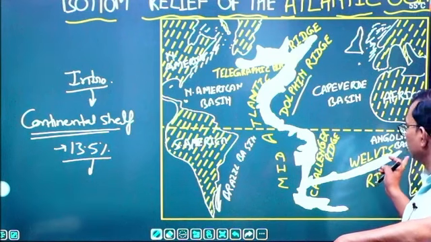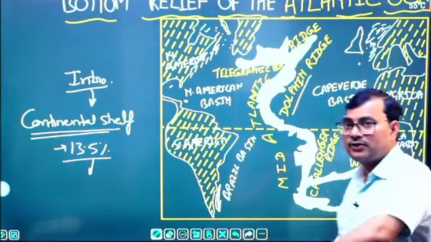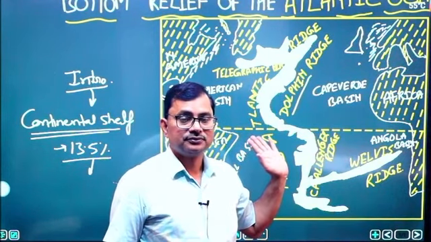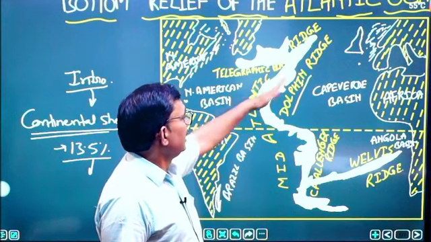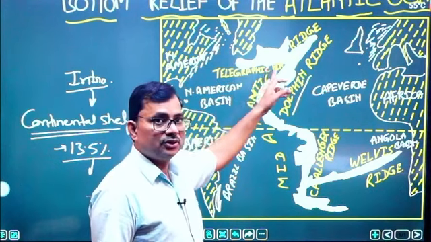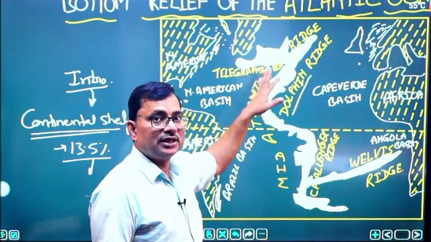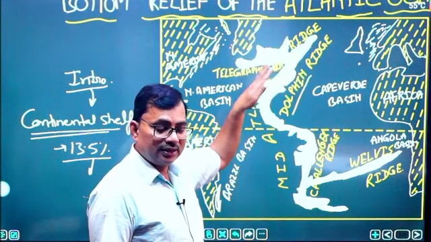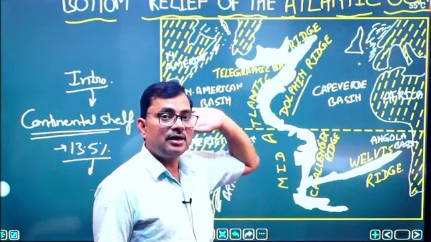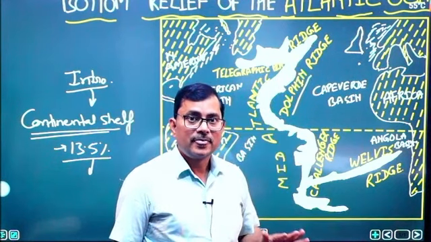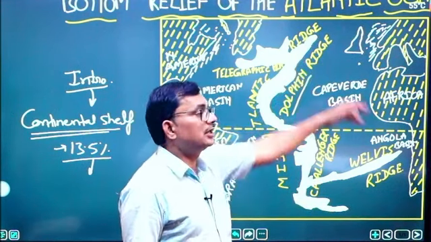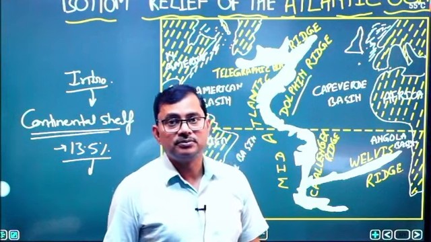It moves toward the coast of Africa, so that is known as Walvis Ridge. And then on the northern side, this northern part again divides. This western part is known as Telegraphic Plateau. It is called Telegraphic Plateau because the first underwater telegraph line was laid here. And this part is known as Wyville Thomson Ridge.